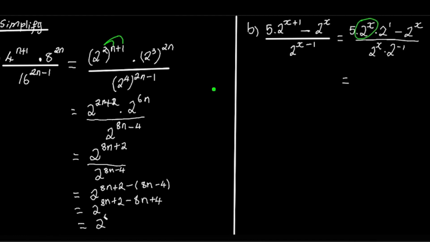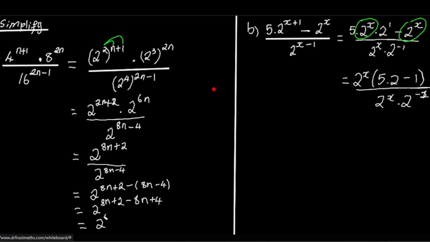Yes, we do have a common factor, which is 2 to the power of x and 2 raised to the exponent of x, right? So we are going to take this as our common factor, 2 raised to the exponent of x, and then we are going to be left with 5 multiplied by 2 negative 1, divided by 2 to the power of x multiplied by 2 raised to the exponent of 1.